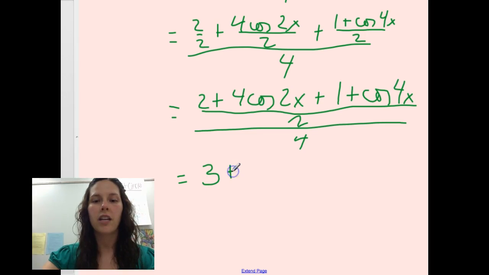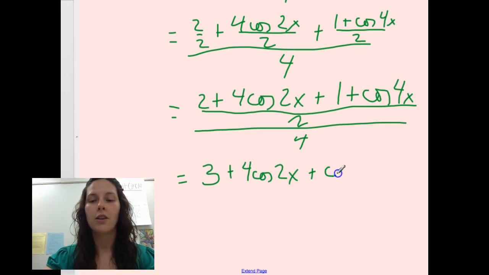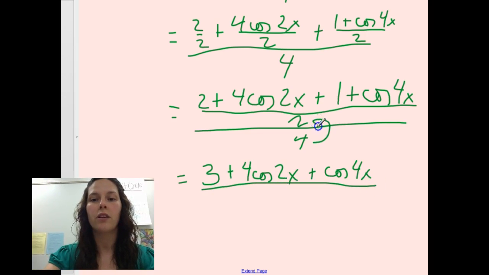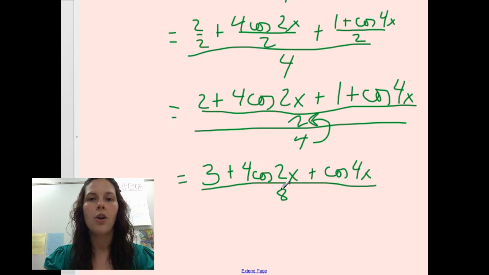So we have 3 plus 4 times the cosine of 2x plus the cosine of 4x. And this would be all over 2, but I'm going to move that 4 into the denominator as multiplication because we're multiplying by the reciprocal, or multiplying by 1/4. If you wanted to, you could do that butterfly method and split each of these up as their own fraction and simplify that middle one, but I would accept this answer as well.